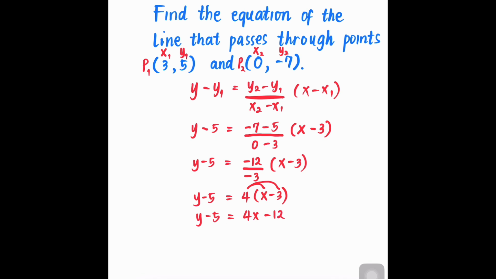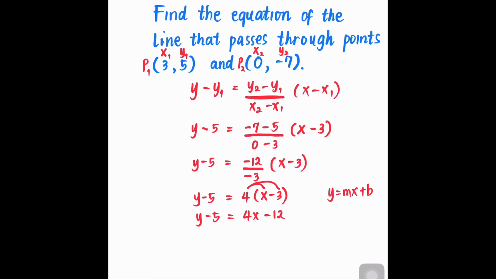From here, you can actually see we can write the equation that we're looking for in slope-intercept form. If you still remember from the previous video, we have y equals mx plus b. This is another form of equation in slope-intercept form. So we can write the equation in that form.